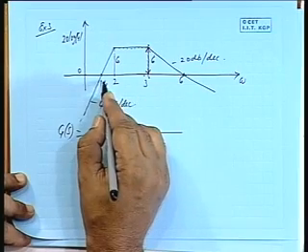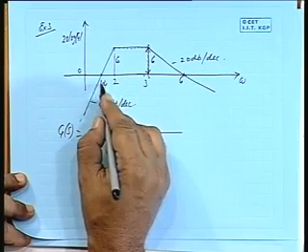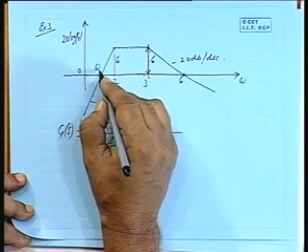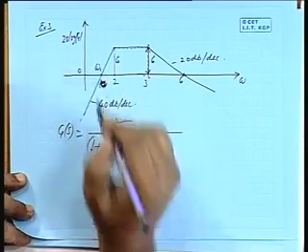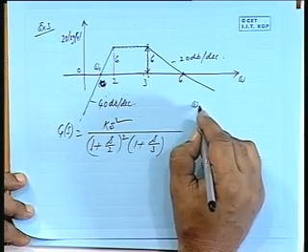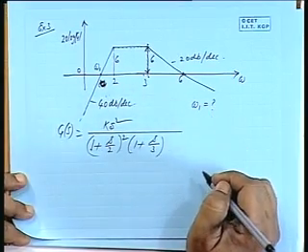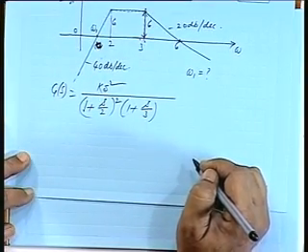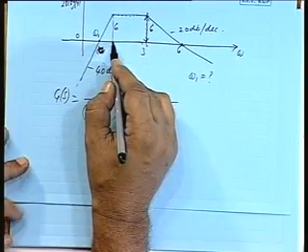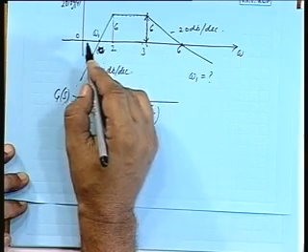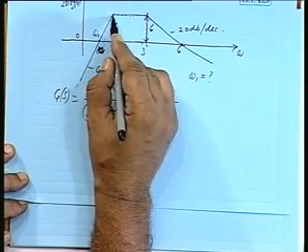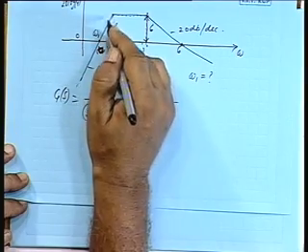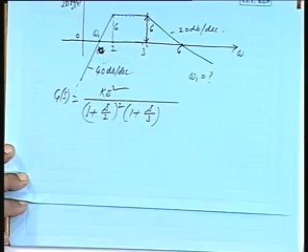I could have asked you what would be the frequency here. Suppose this is omega 1. The question is, what is omega 1? So 2 by omega 1 is a fall of 6 dB, in a line of 40 dB per decade, that means 12 dB per octave.